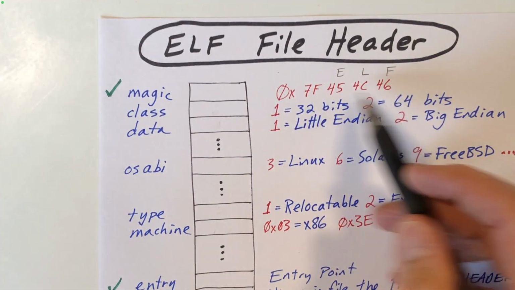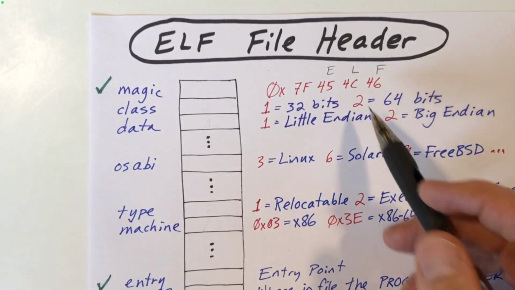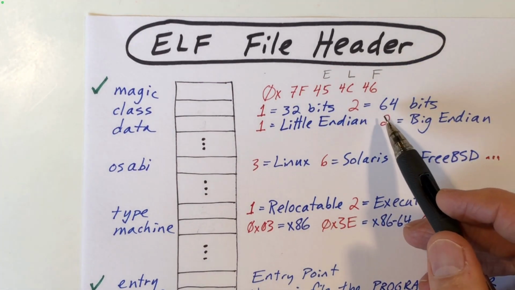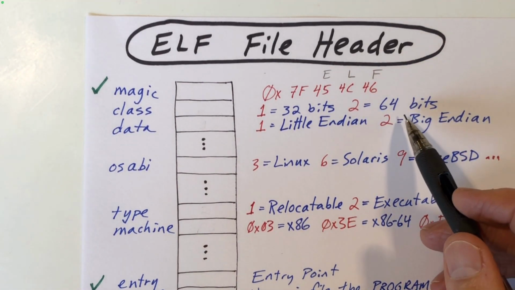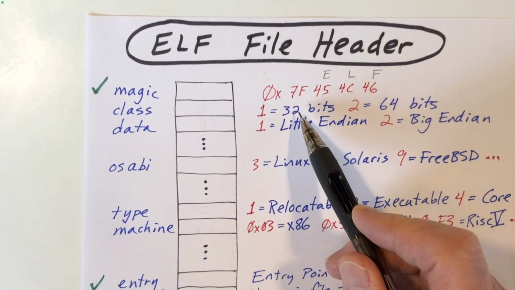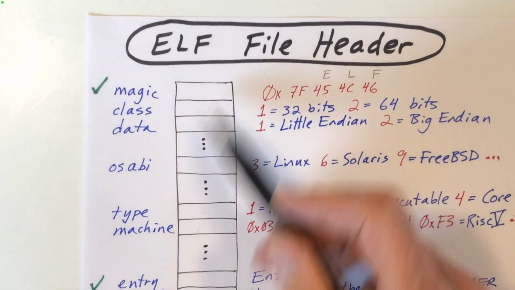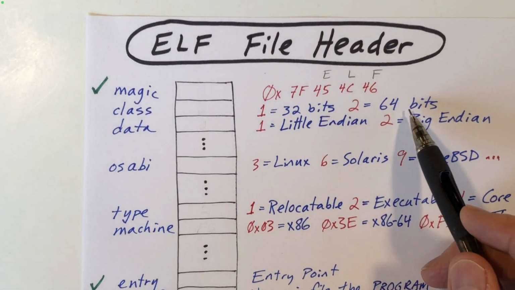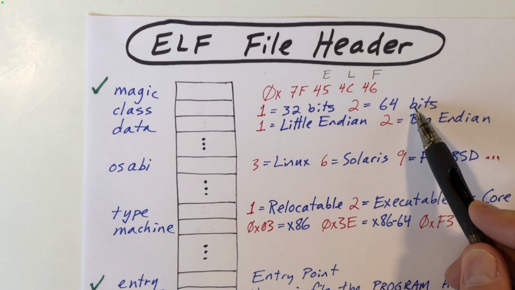Of course, if the magic number is correct, the file can still contain errors, either due to bugs or perhaps malicious code. The next field here indicates whether this is a 32-bit file or whether the data in this file is 64 bits.